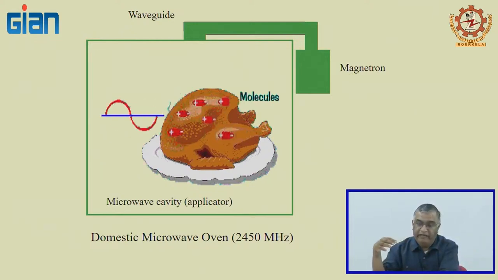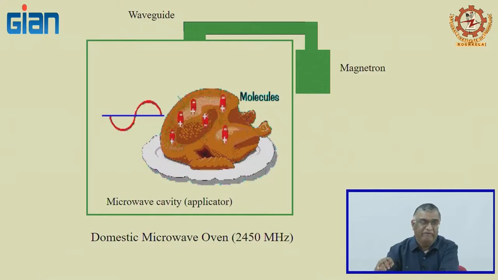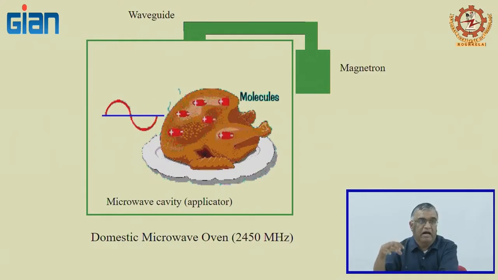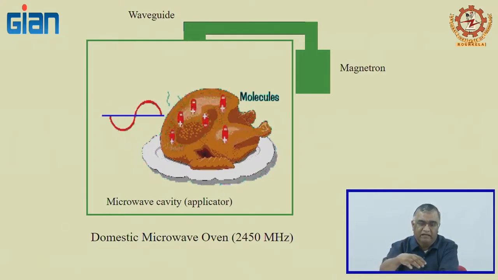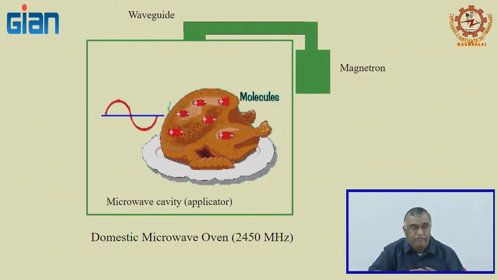In the same way, in the microwave you have a magnetron which generates the microwave, and then a waveguide which transfers the wave into a chamber, where it is distributed. You can design the chamber so that the wave is reflected from different ports and focused on your sample.